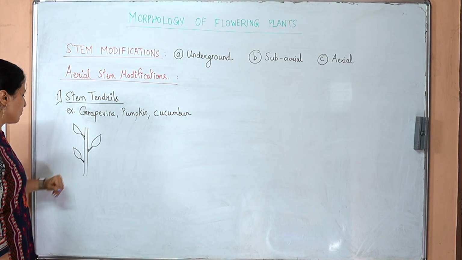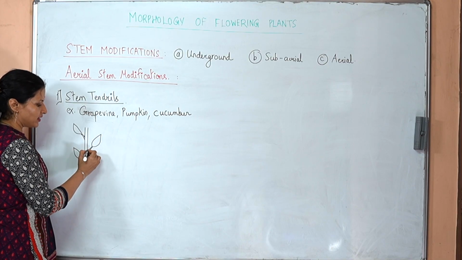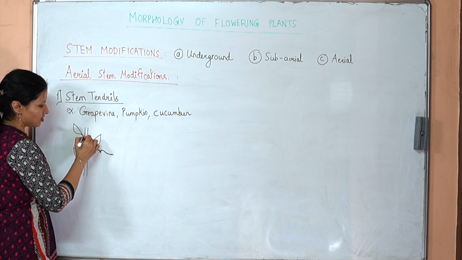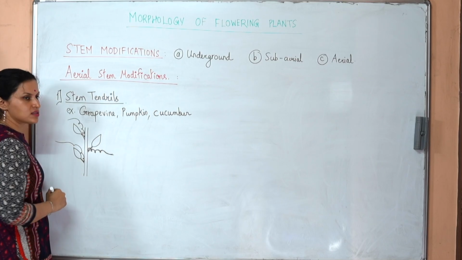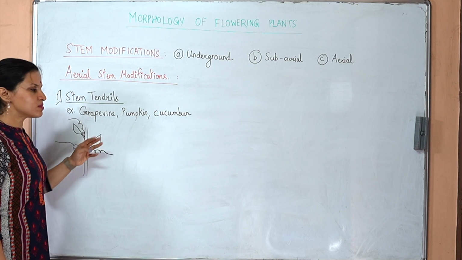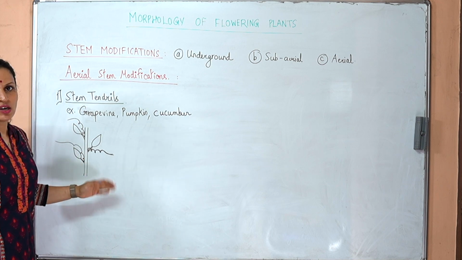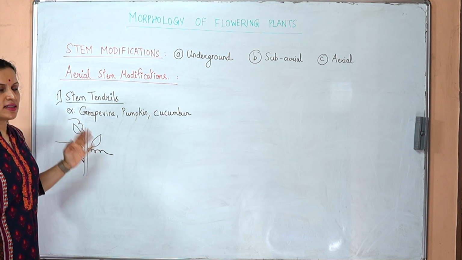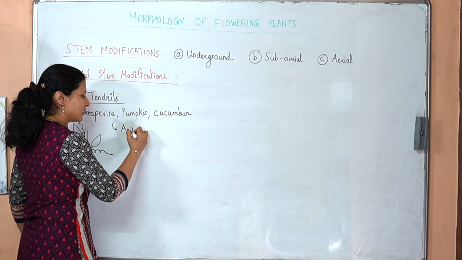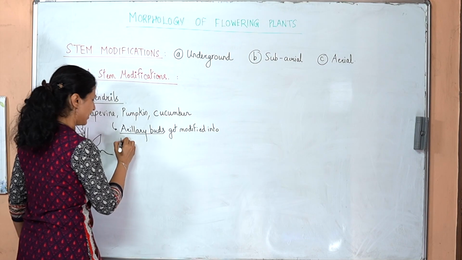In this type of stem modification, this axillary bud gets modified into tendrils, which are slender coiled structures which will coil around a support and will provide extra support to the plant, because these plants will have a weak stem. Okay, so these stem tendrils, which are a modification of the axillary buds, will provide the weak stem with extra support. Axillary buds, important, get modified into tendrils.